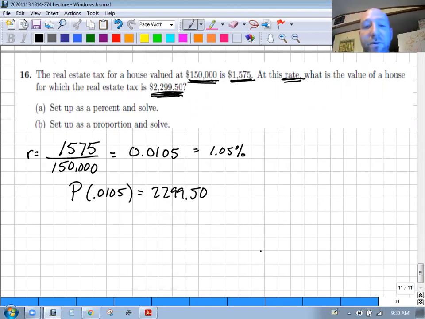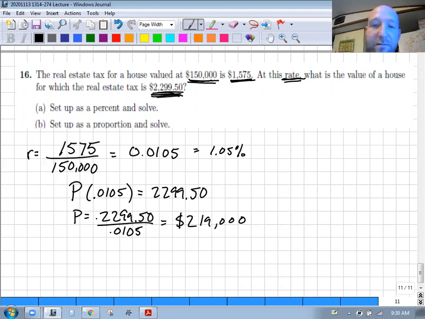So the principal for the other house is 2299.5 divided by 0.0105. So 2299.5 divided by 0.0105 gives us 219,000. So that's one way to do it.